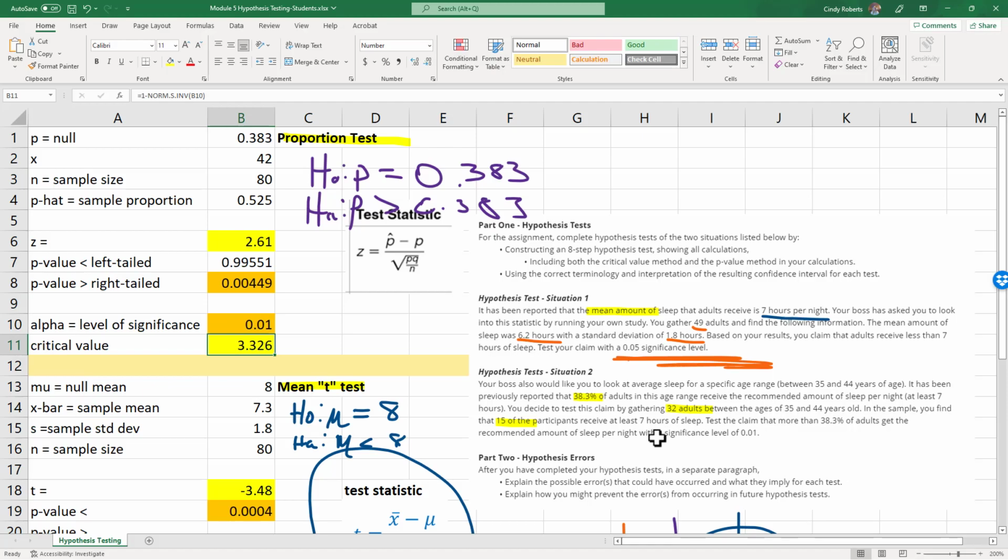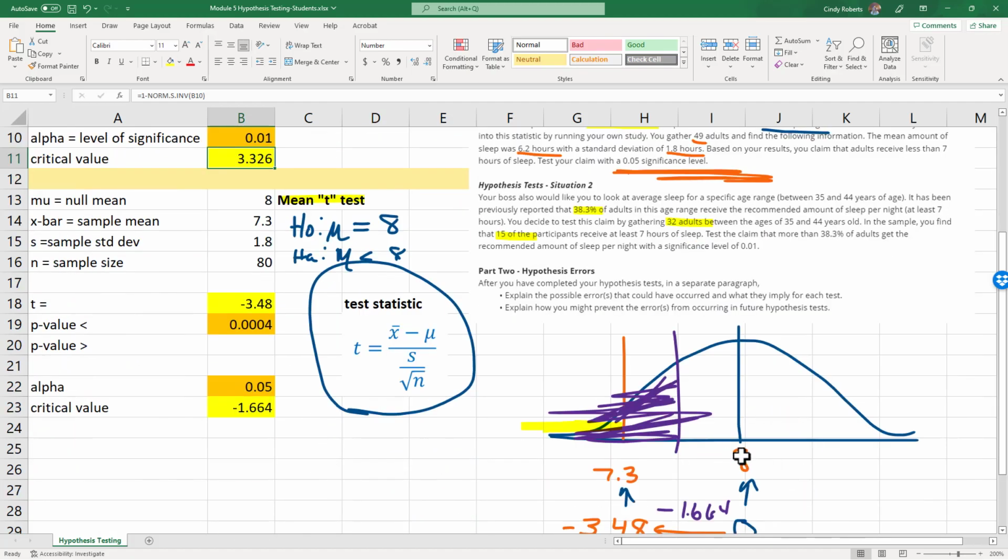So be sure you change your significance level to the right significance level that's given to you. So looking at this, the p-value is low, the null must go, meaning that I don't believe this proportion is correct. Also, my test statistic did fall in that critical region. So that's the kind of thing that you're looking at.